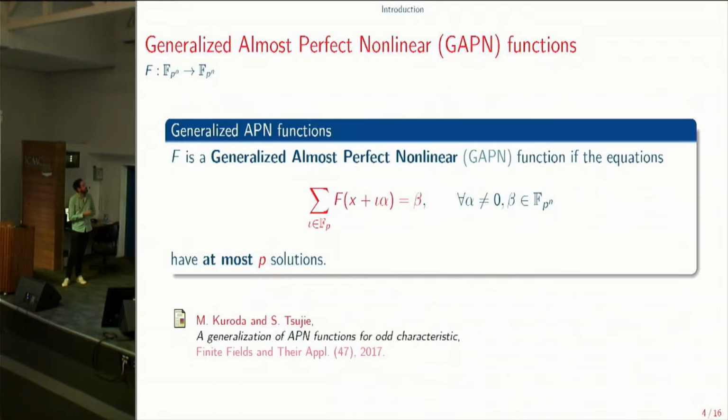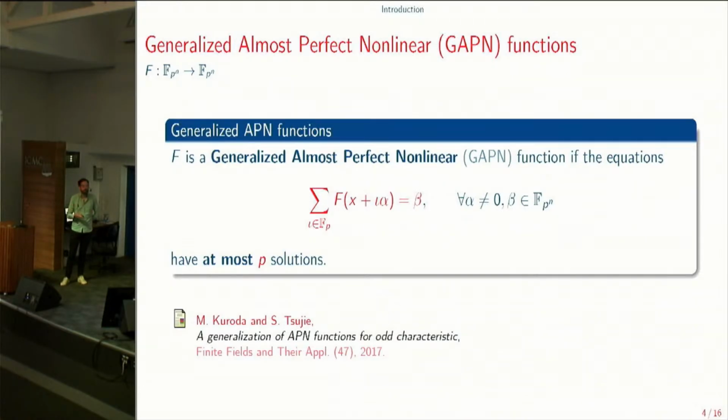But what we can look at is summing over FP linear combinations of the direction alpha, and we try to solve how many x's there are for each image. We have at least p, because if x is a solution, x plus alpha is a solution, and x plus 2 alpha is a solution, and so on. And when you have at most p solutions, we can say it's a generalized APN function. And it works very naturally.